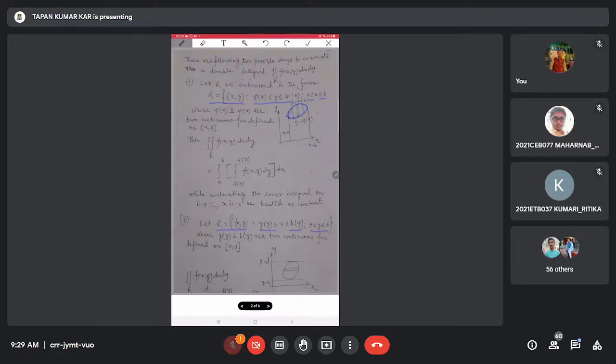If you consider here, y varies from this to this. So at each point y is a function of x. So in that type of case, we have to first evaluate y, then x. First evaluate on y, then evaluate on x.